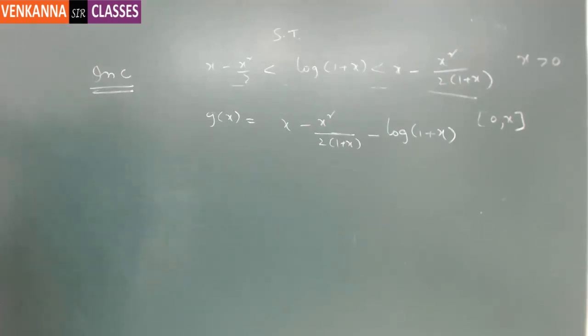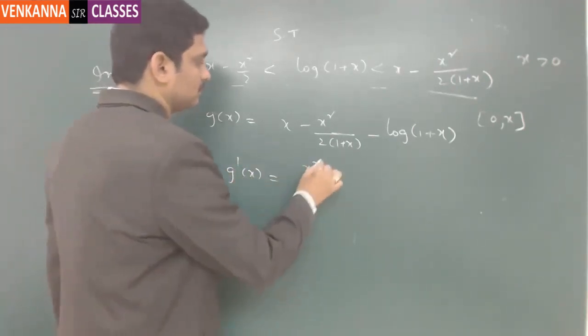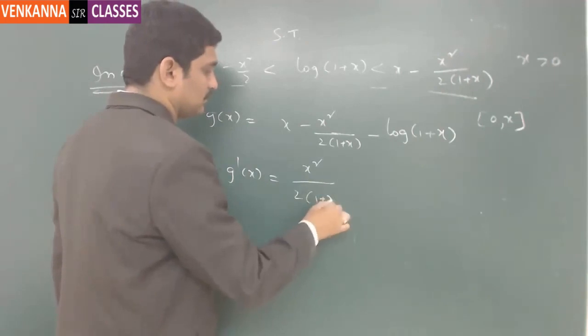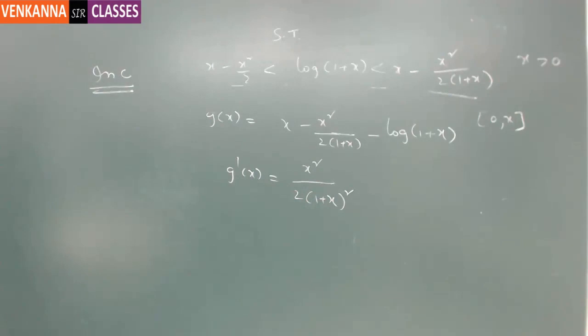So can you go for the differentiation part of it? On simplification, you are going to get x square by 2 into 1 plus x square whole square.